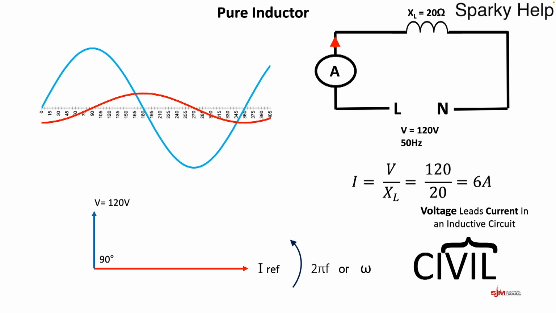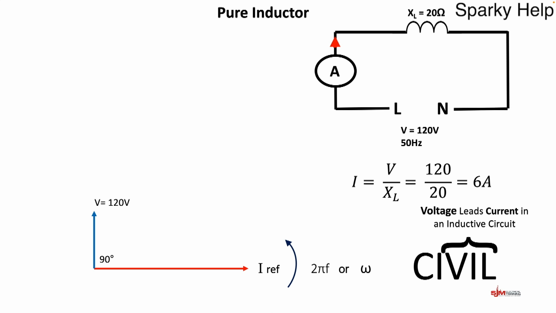Which one's easier to draw? The bottom one, obviously. But because it's one component, it doesn't have to be drawn with I as reference. In this case, we could have V as the reference. So again, left to right, V ref, rotating by an angular velocity of 2 pi f or omega, and remember, V is in front of I. Because I've made V the reference here, I will be behind it by 90 degrees.